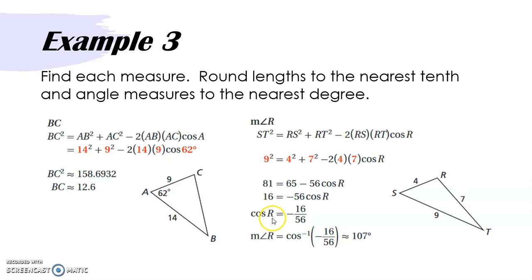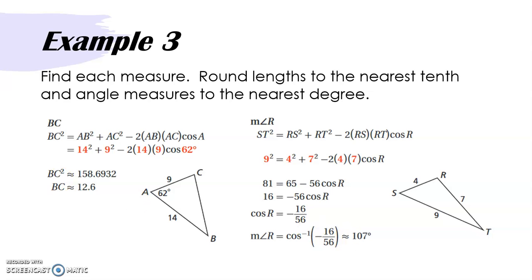Now, to find out the angle measure, I need to use the inverse cosine. Remember in our lesson about inverse functions, when you want to find an angle measure, you do the inverse. So I did the inverse cosine of negative 16 over 56 is approximately 107 degrees. And that just all went into my calculator, and I rounded to the nearest whole number.